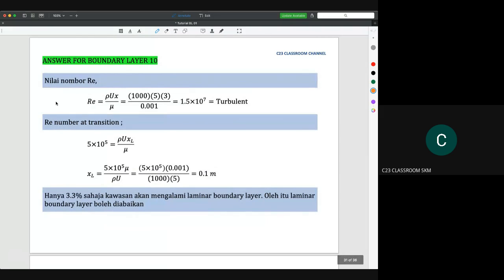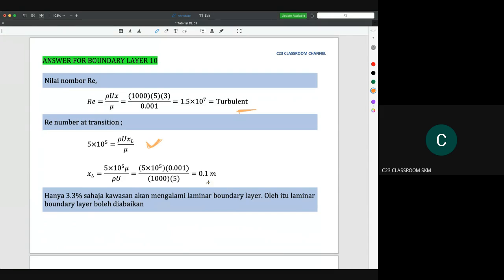Okay, the idea is simple. Let's say we check the Reynolds number. We check it is turbulent, which is 1.5 here. Then we check the Reynolds number at transition, so we need to understand whether the laminar boundary layer is dominant or not.